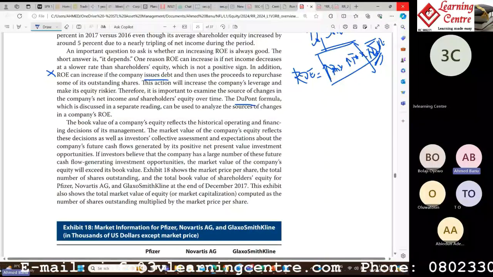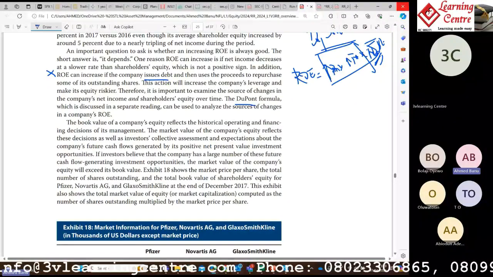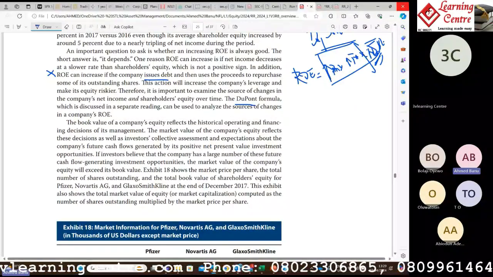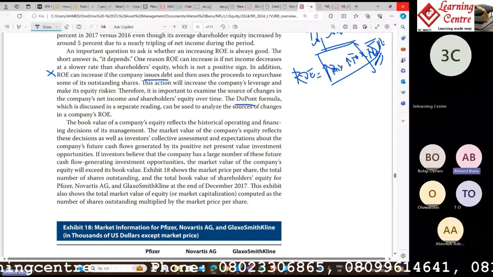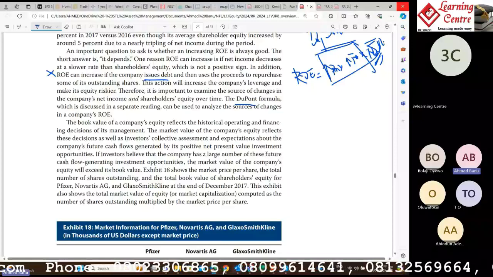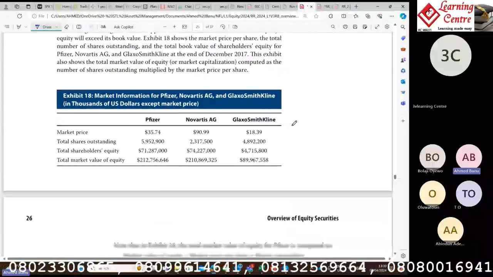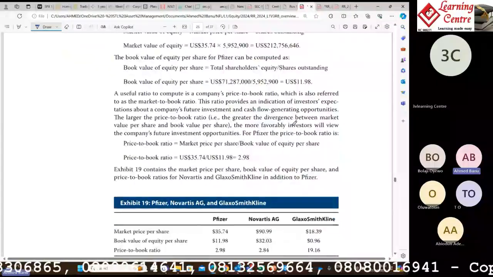What they're trying to say is that you might look at the book value and see everything is rosy. However, from a forward-looking perspective, everything looks blurry. So those are the things you need to consider when you are looking at book value and market value.